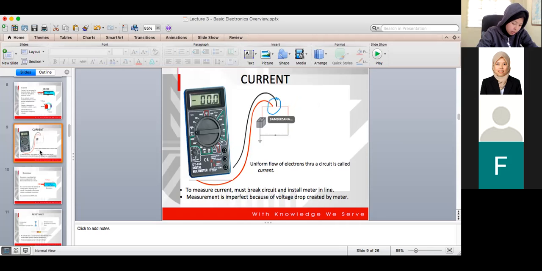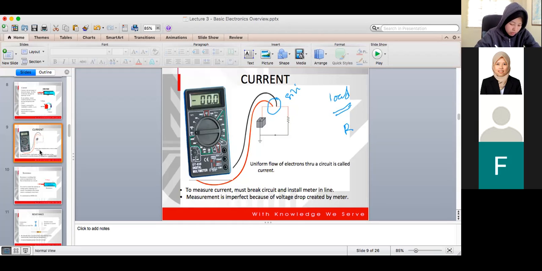Okay. Series. The measurement is imperfect because of voltage drop created by the meter. Apa maksud tu? Remember I said whatever component inside a circuit, dia akan jadi apa? Dia akan jadi load. Bila dia jadi load, dia akan memberikan rintangan R kepada circuit.